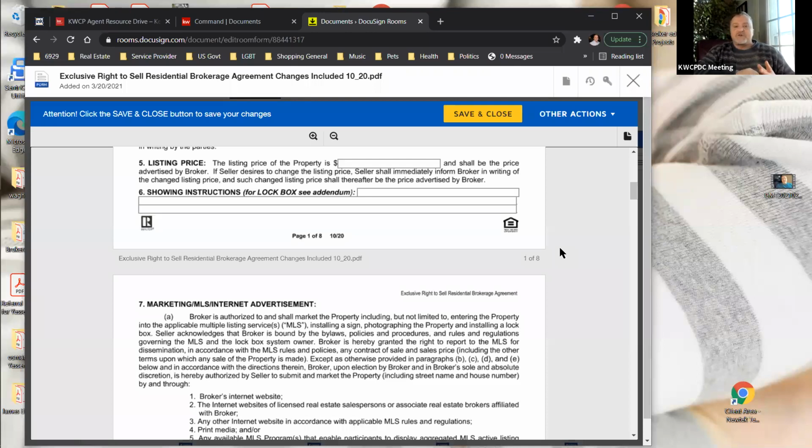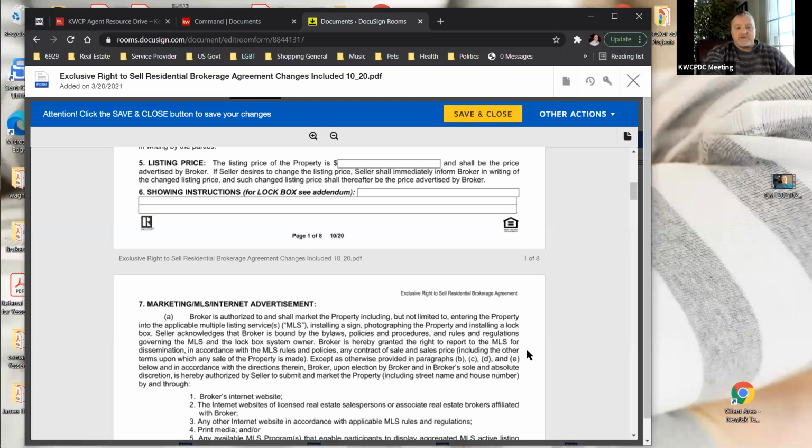Sometimes we use this when there are tenants involved, and we might say that you need to have confirmation from the tenant to show the property. Or if there's any special considerations for a pet, a dog or something that might be on the property, the seller might need a 2-hour advance notice so they can put the dog away, other things like that.